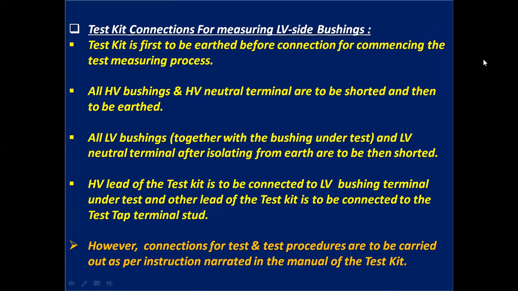All LV bushings together with the bushing under test and the LV neutral terminal, after isolating from earth, are then to be shorted. The HV lead of the test kit is to be connected to the LV bushing terminal under test, and the other lead of the test kit to the test tap terminal.